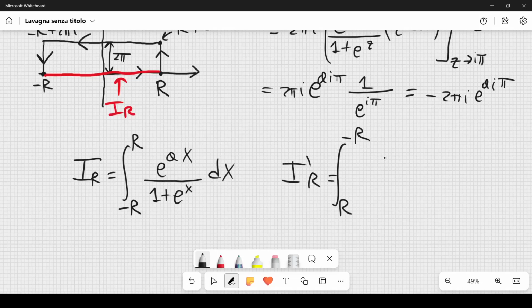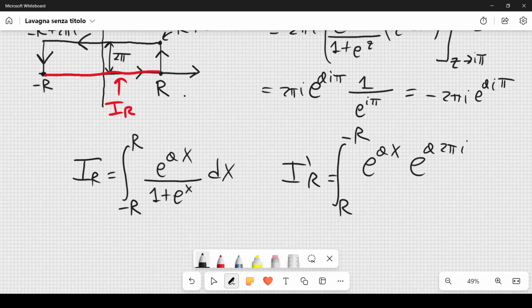So from R to minus R, and then we can write it as e to the ax times e to the a 2πi, because remember that now our generic variable which describes the points along this top side is x plus 2πi, right? Because 2π is the ordinate of these points on the imaginary plane.